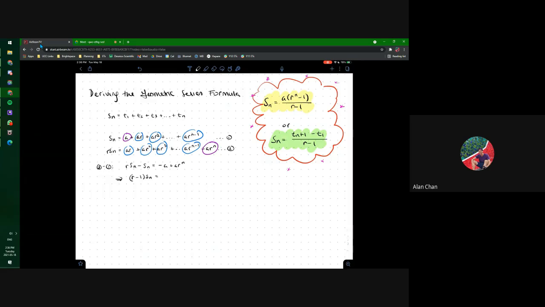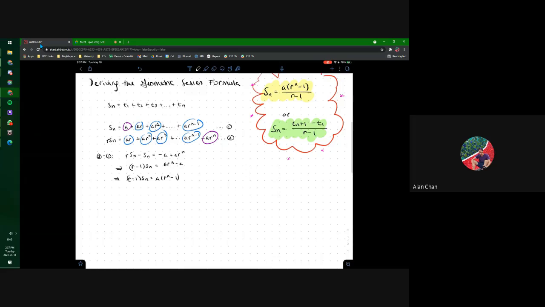And then over here, we are going to combine the a's, so we're going to factor out a. Sorry, I want to rearrange this first. So this is going to be ar to the n minus a, and then I want to factor out an a. There we go.